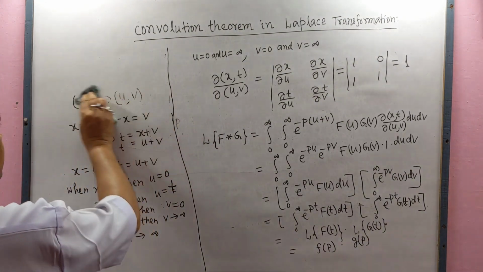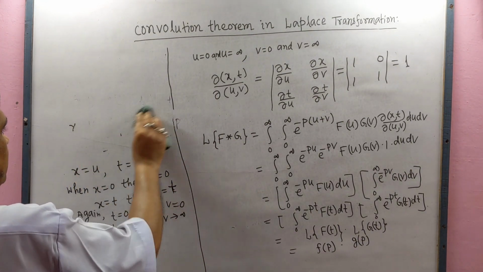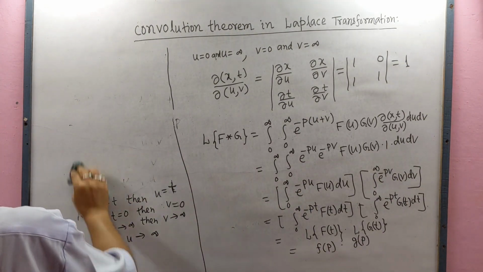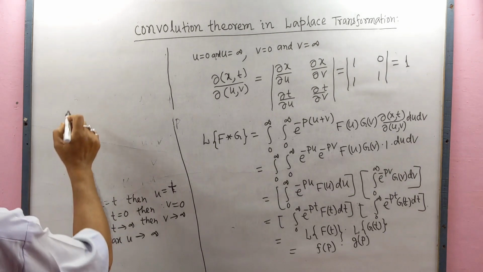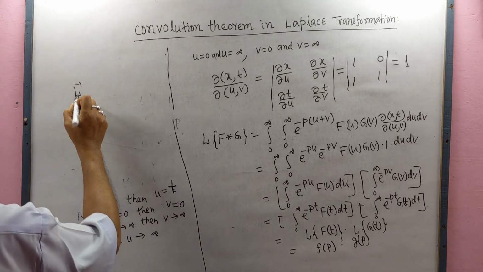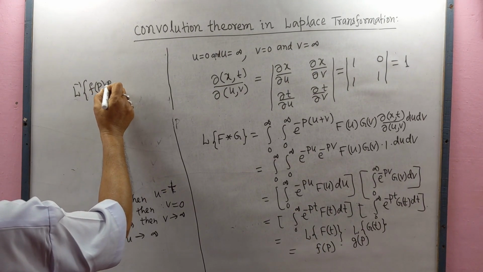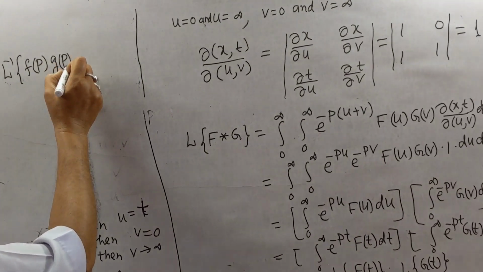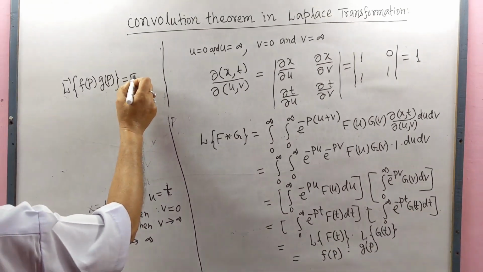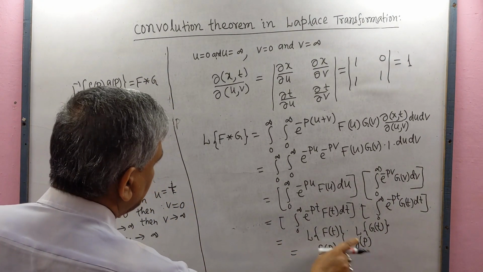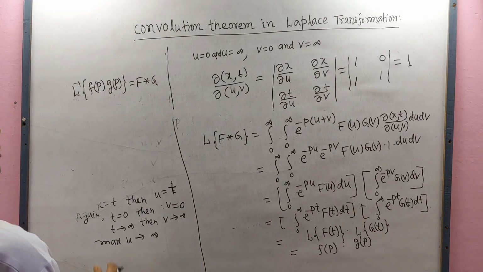So we may write L inverse of f p g p equal to f star g.